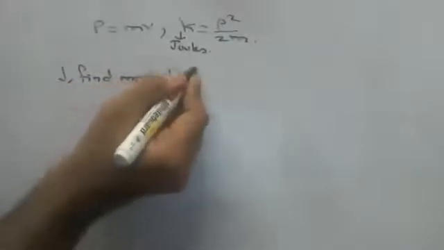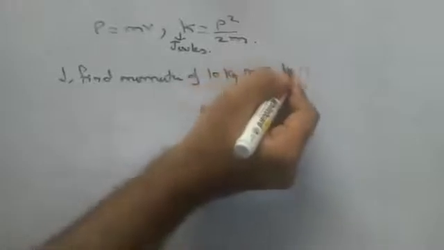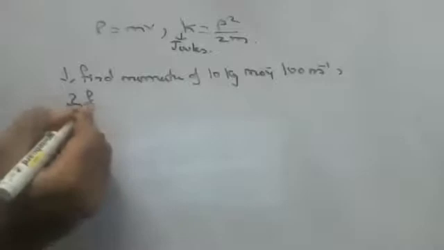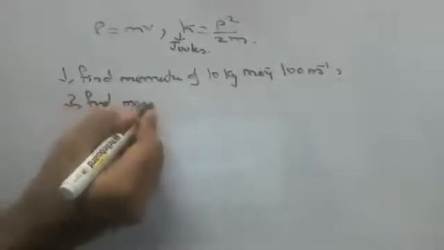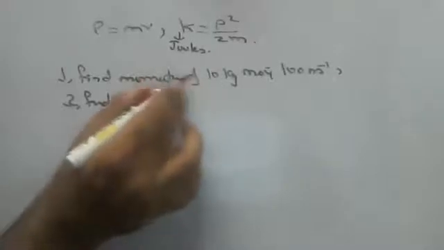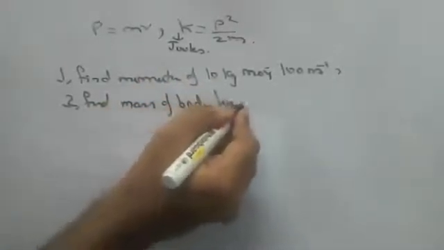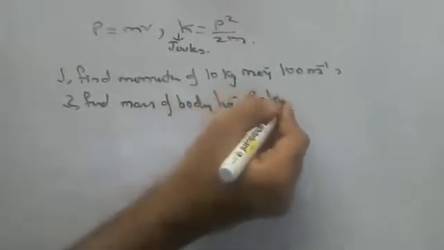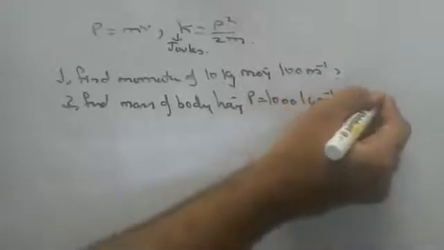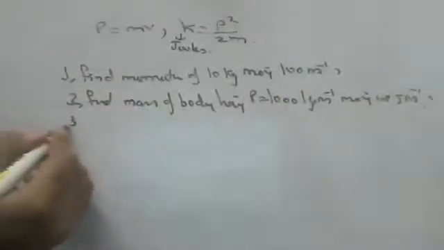Find momentum of 10 kg moving with 100 meters per second. Don't say the answers. Just keep doing. Find mass of a body having momentum 1000 kg meter per second moving with 5 meters per second. Third question.